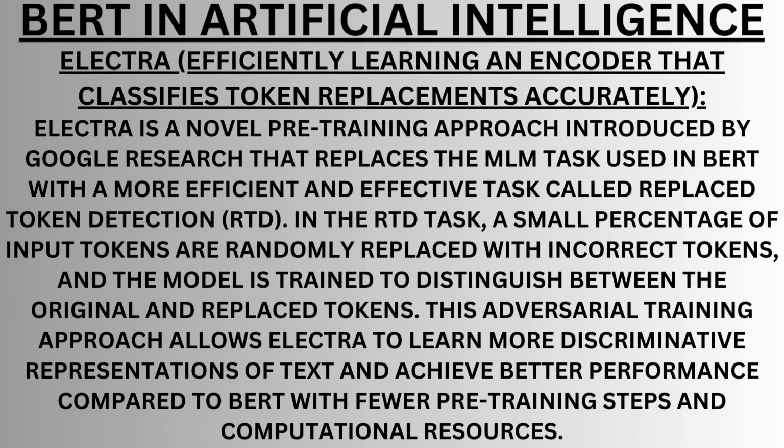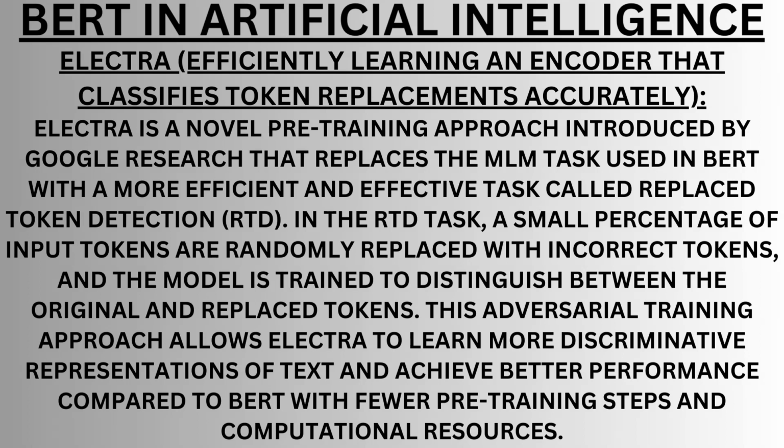ELECTRA, efficiently learning an encoder that classifies token replacements accurately. ELECTRA is a novel pre-training approach introduced by Google Research that replaces the MLM task used in BERT with a more efficient and effective task called replaced token detection (RTD).